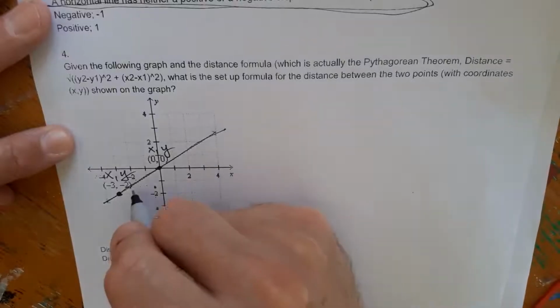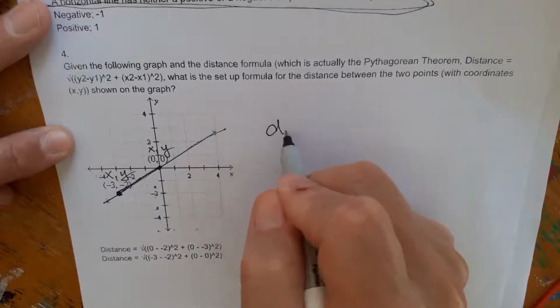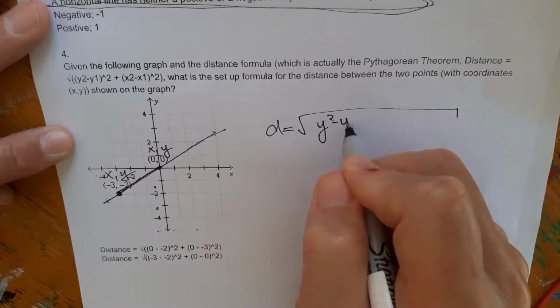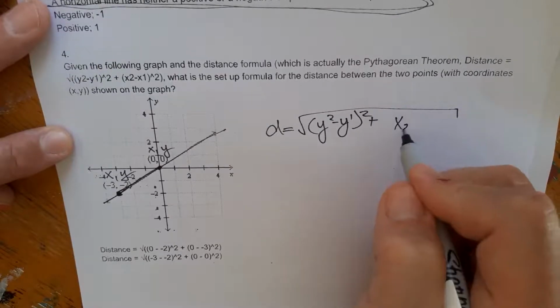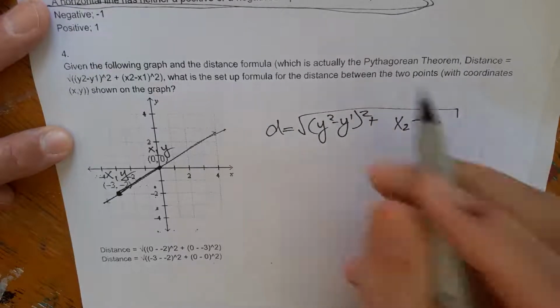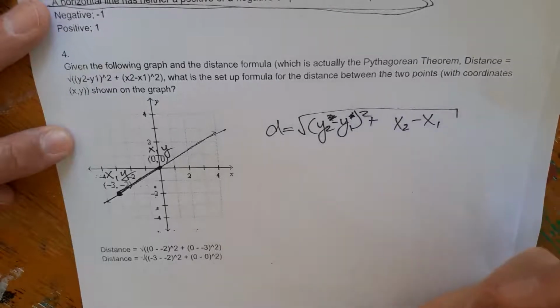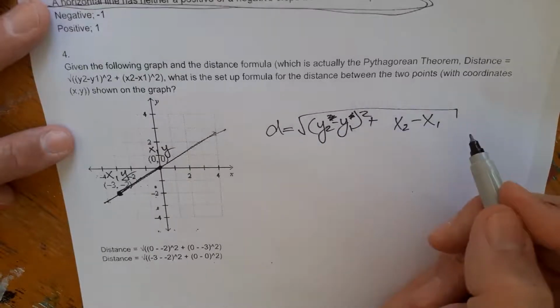And this distance between the 2 points here, d equals the square root of (y2 minus y1) squared plus (x2 minus x1) squared. Yeah, I wish I had put the 2 and 1 down below, otherwise it looks like a power. I need a subscript rather than a superscript.